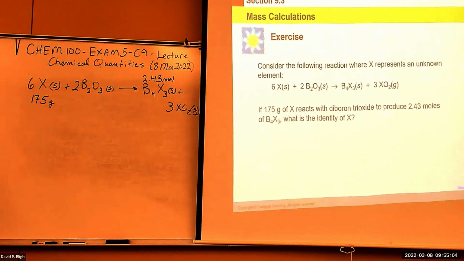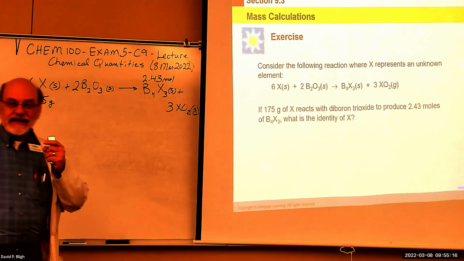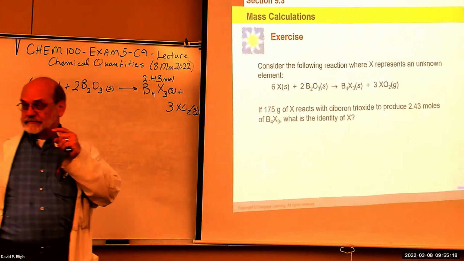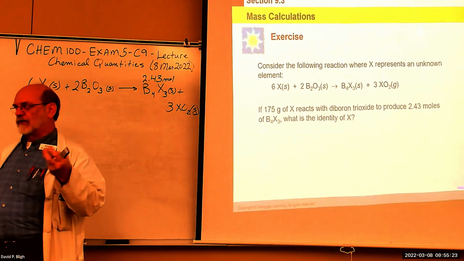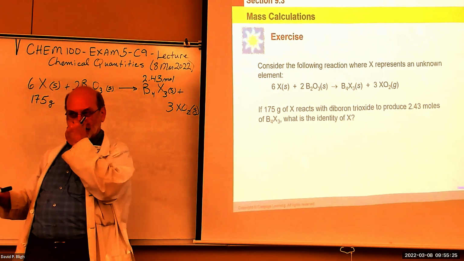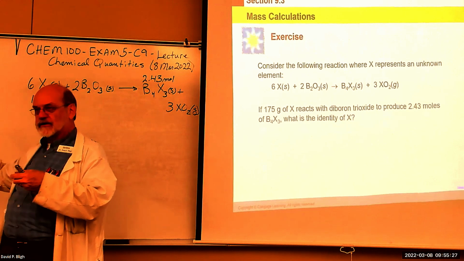Okay. Whenever you're asked to identify an element, ask yourself this question. What information do I need to identify the element? We know that if we have the atomic number, simple. Just go to the periodic table and run the numbers until you get to the one that's yours.